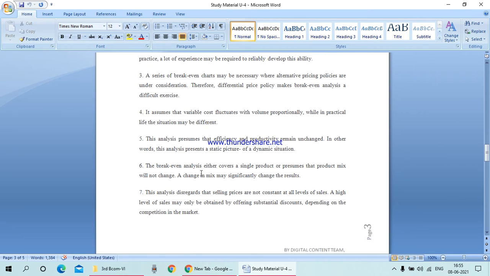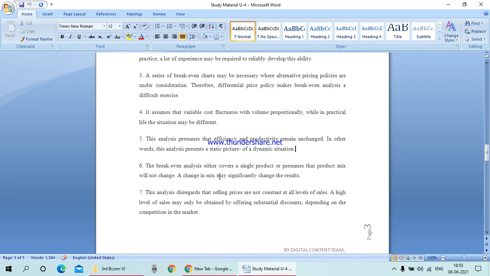Again, this analysis presumes that efficiency and productivity remain unchanged. In other words, this analysis presents a static picture of a dynamic situation. Break-even analysis either covers a single product or presumes that product mix will not change.